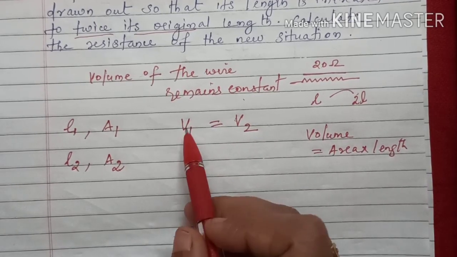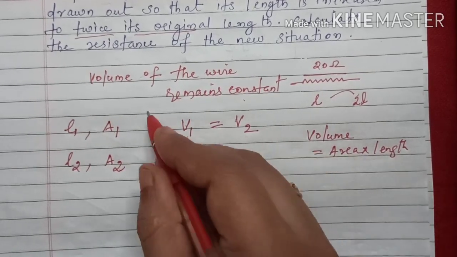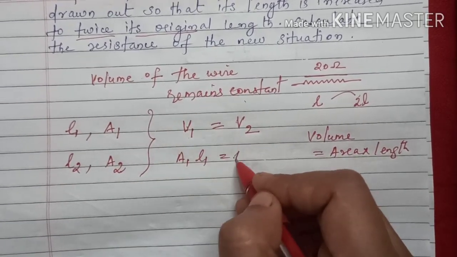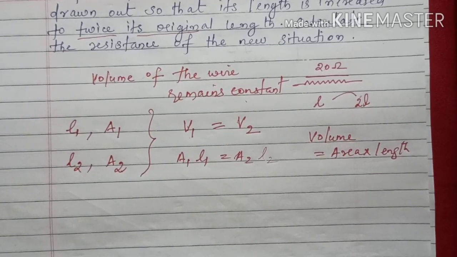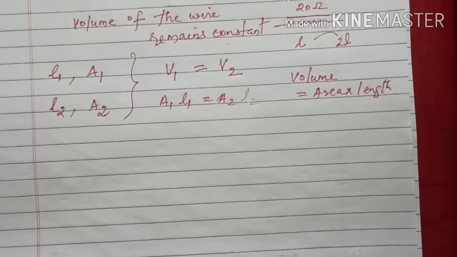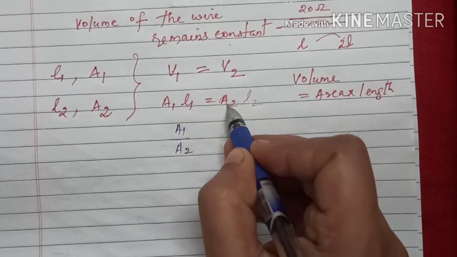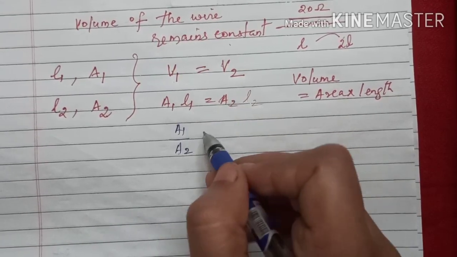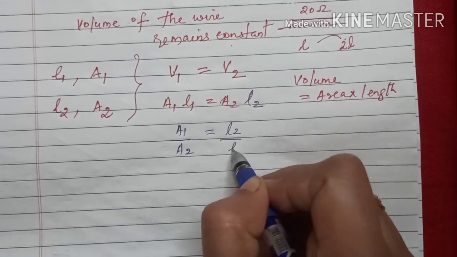Here V1 is A1 L1 and V2 is A2 L2. Now you can frame an equation: taking A2 across, A1 by A2 is equal to L2 by L1.